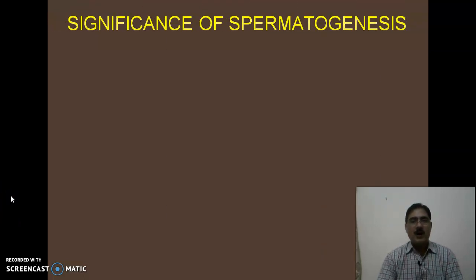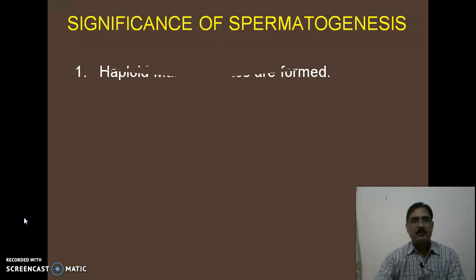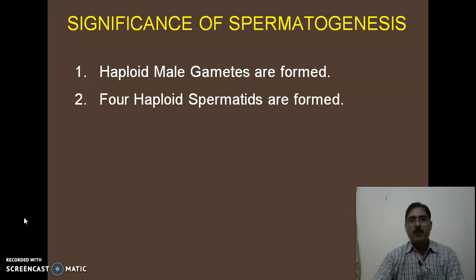Now, what is the significance? The haploid male gametes are formed. Second, four haploid spermatids are formed.